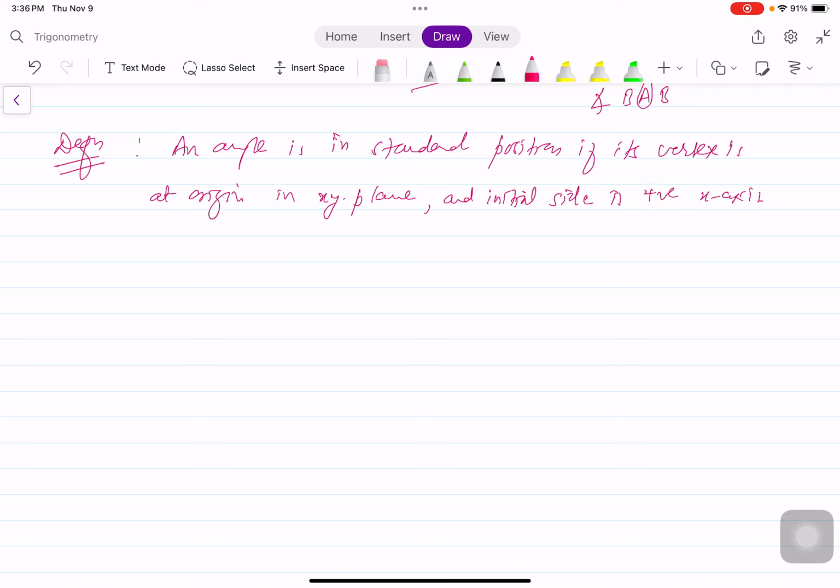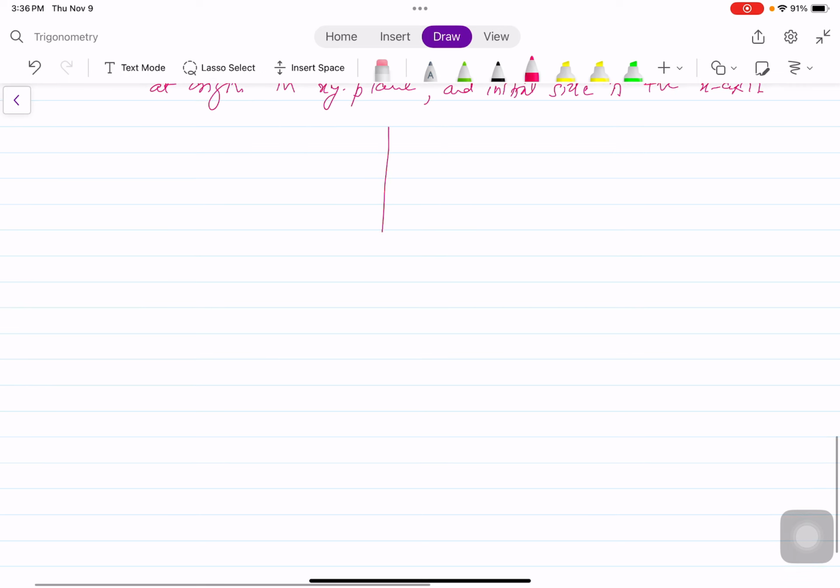So what does this mean? This means we have a coordinate axis. This is the xy coordinate axis, or you can also say the xy plane. The vertex is at the origin, say this is O. There is some initial side, and say this is the angle, another ray, the terminal side.